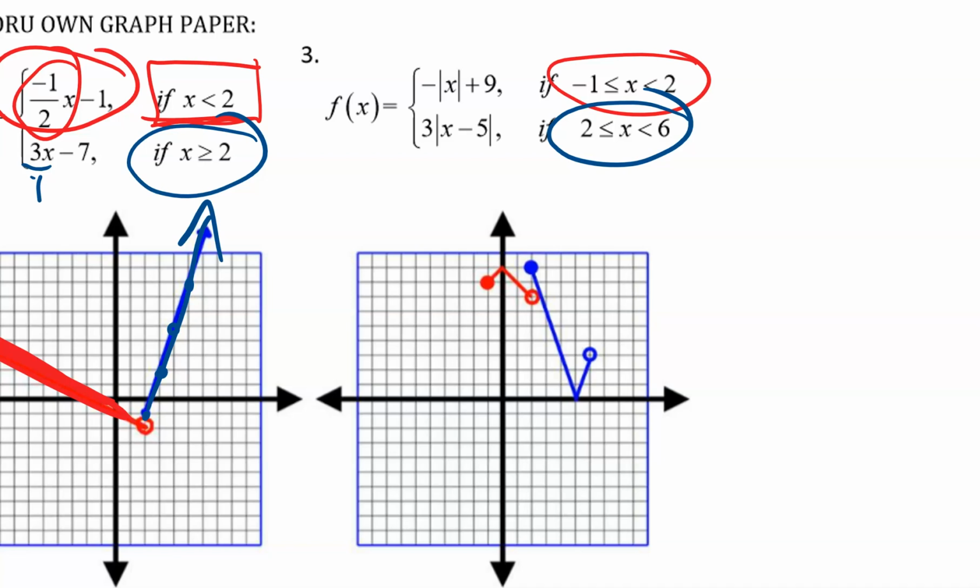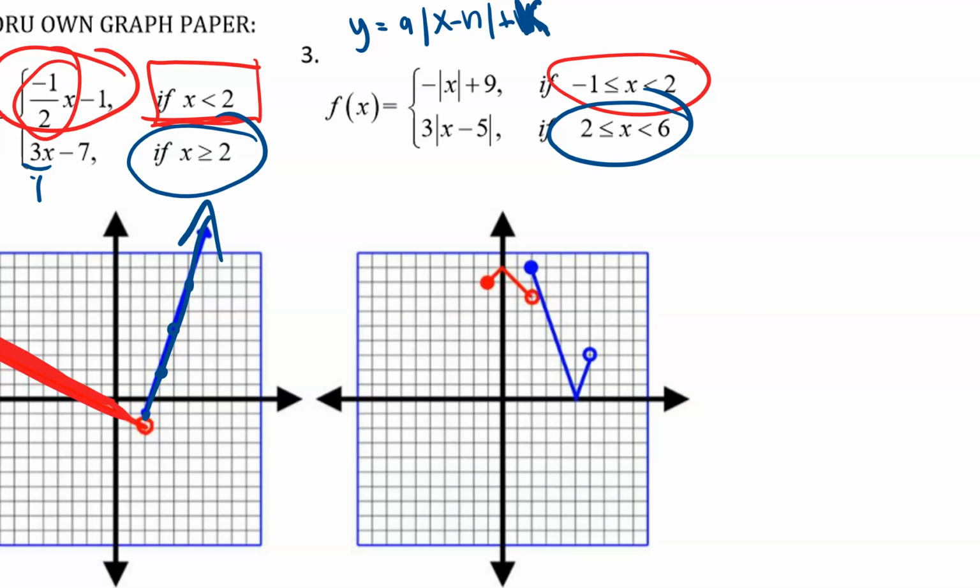Okay, so I'll start with the red one. I need to find the vertex first. Remember, the vertex, when we have this in HK form, a times x minus h plus k. Any issues there?